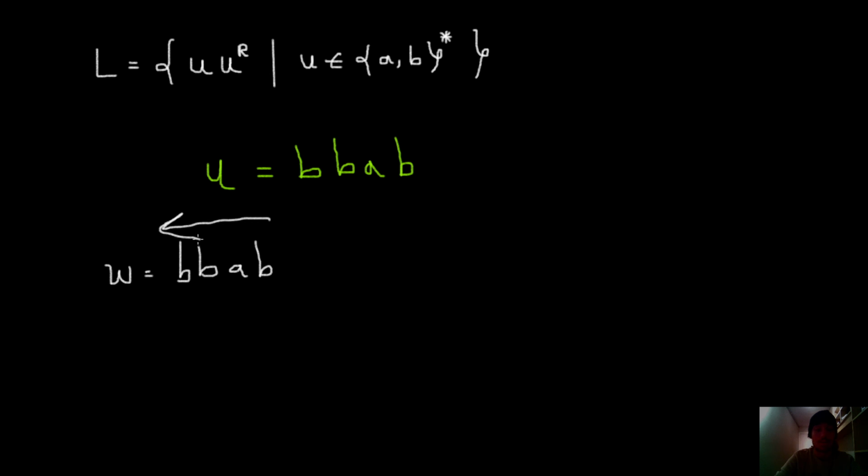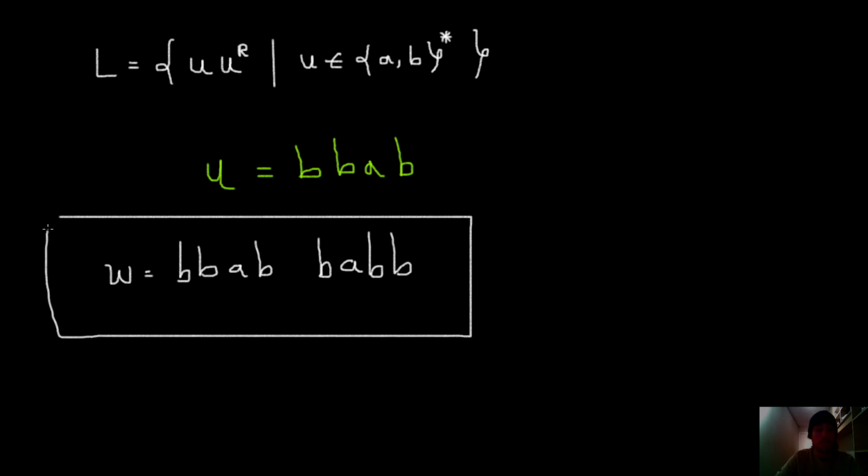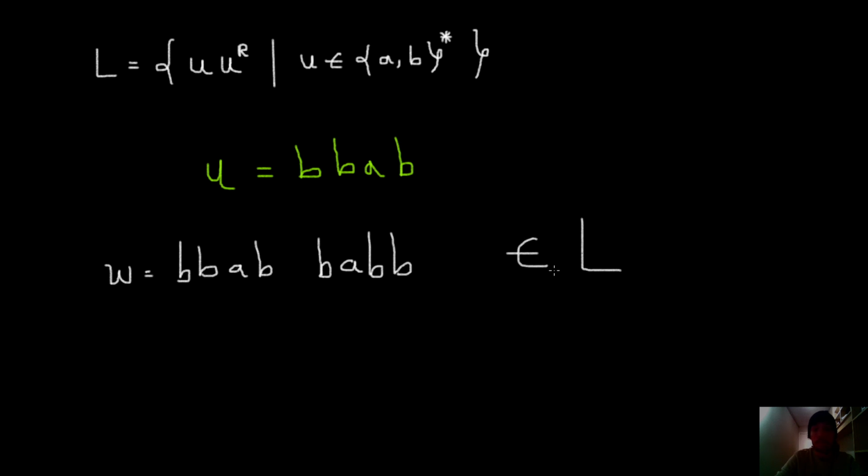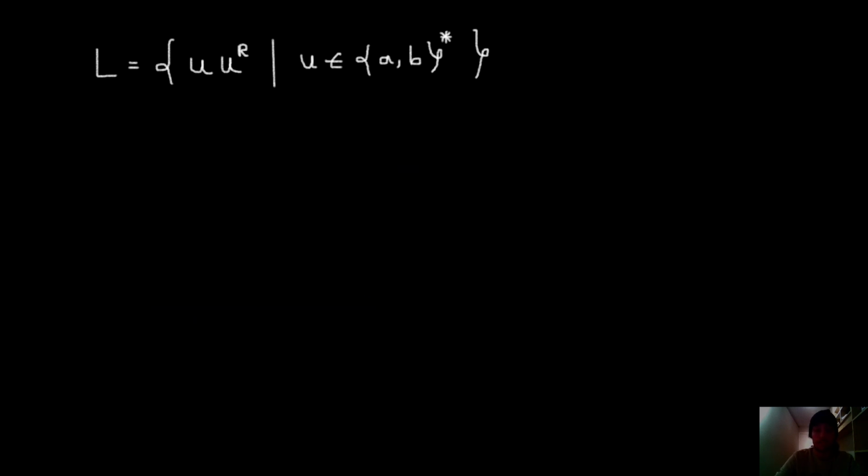So U reverse is this way: B, A, B, B. So this word belongs to the language L because we see that it is a palindrome word. It is the same if we read it forwards as we read it backwards. As we can see, nothing really complicated. In fact, it is not the first time that we see the language of the palindromes with even length. We also saw this language in previous sections.